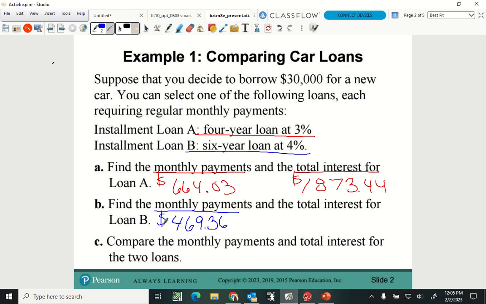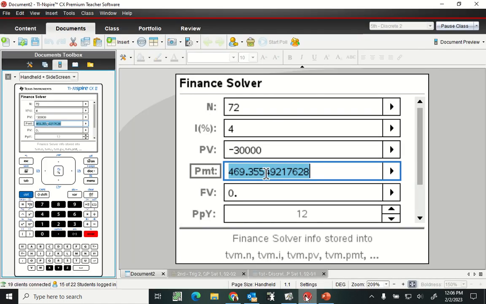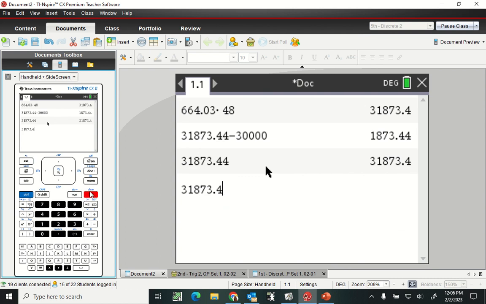Now we're going to do the total interest. So for the total interest, I take my monthly payment and multiply by how many payments. 72. So 469.36 times 72.